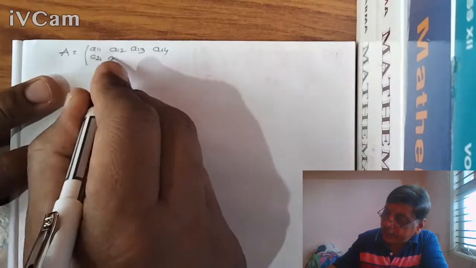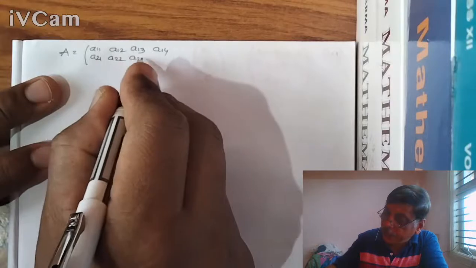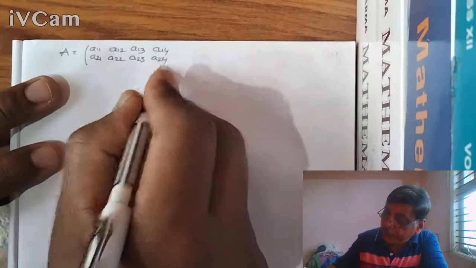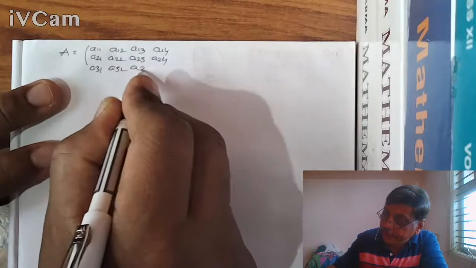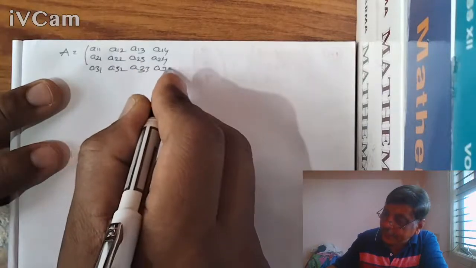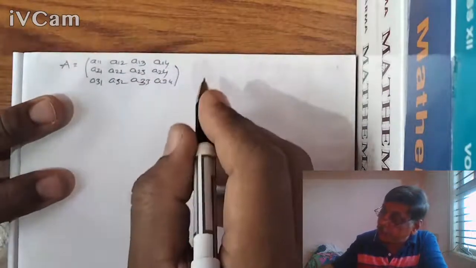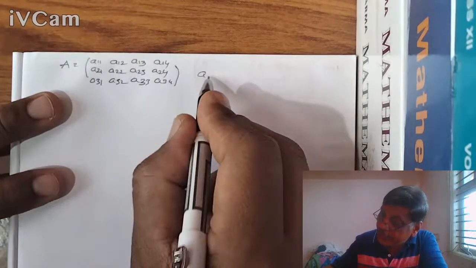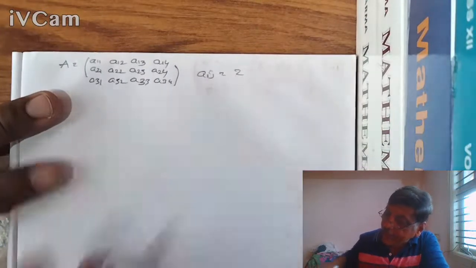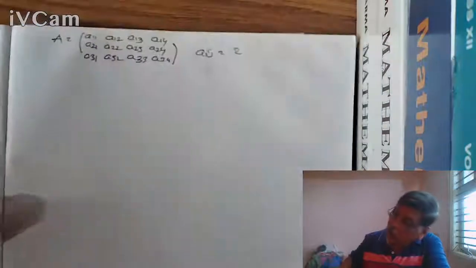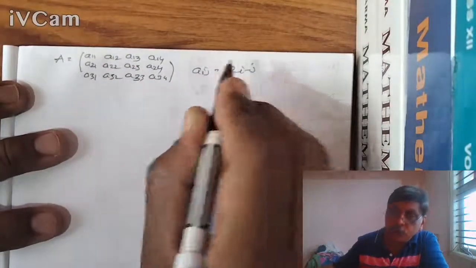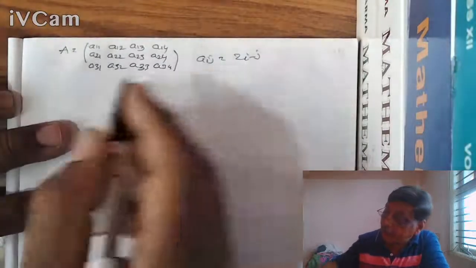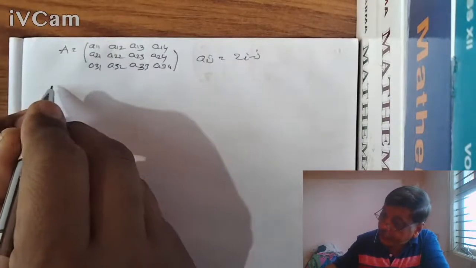Next, A21, A22, A23, A24, A31, A32, A33, A34. So here the general element is given as Aij equals 2i minus j.